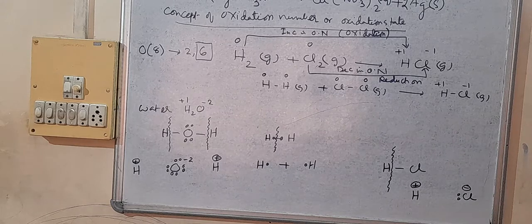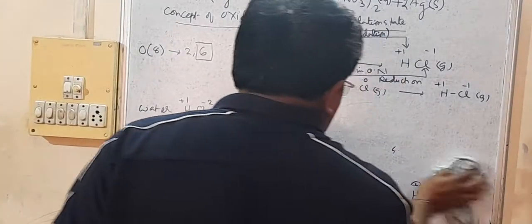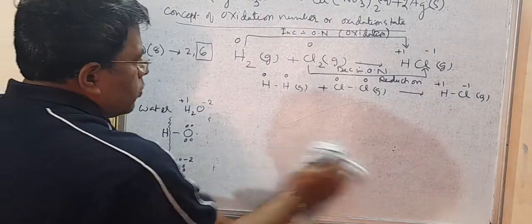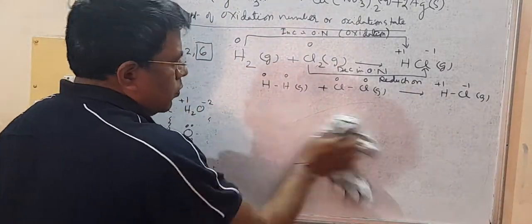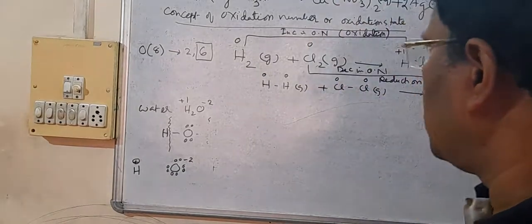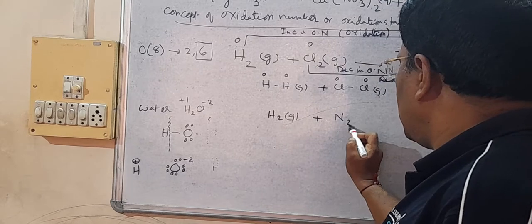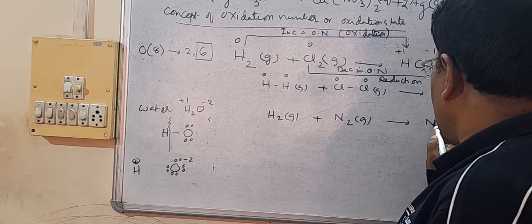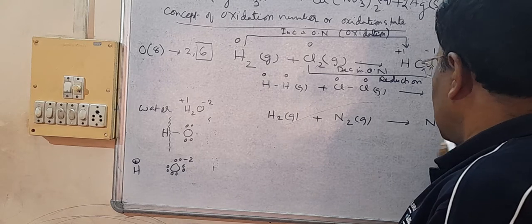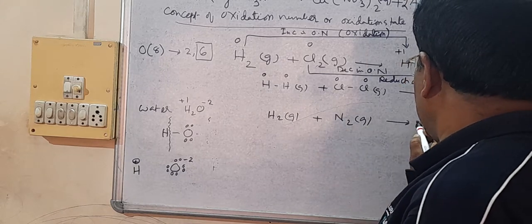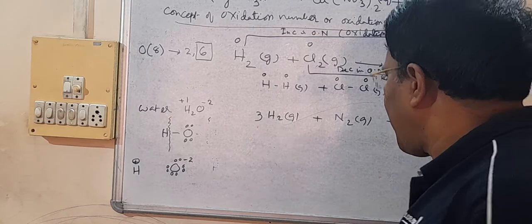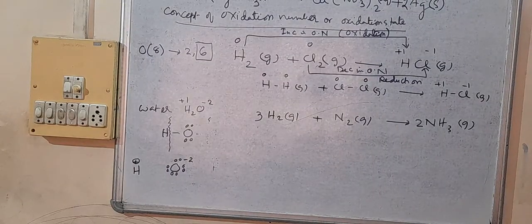So let me quickly do another example of this type. Suppose we have H2 gaseous plus N2 gaseous, arrow NH3 gaseous. The balanced chemical equation will have 2 here. So this is the balanced chemical equation.